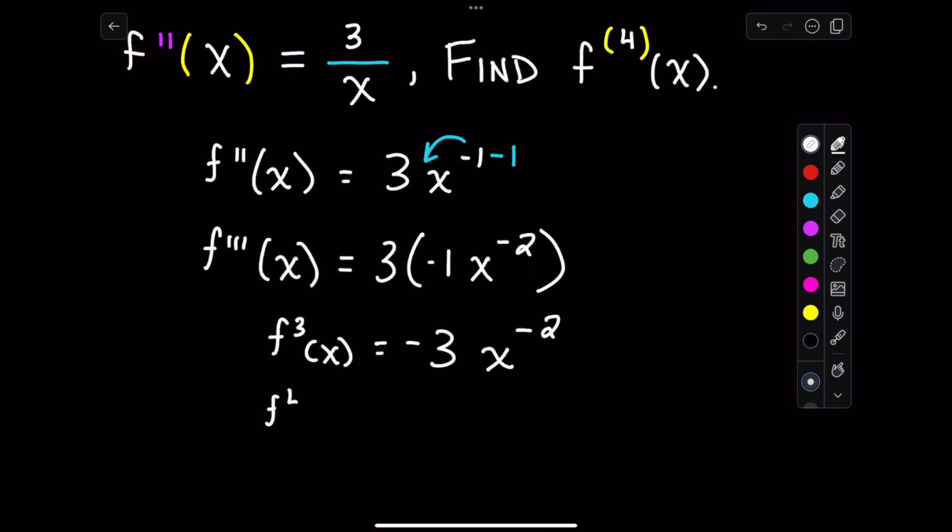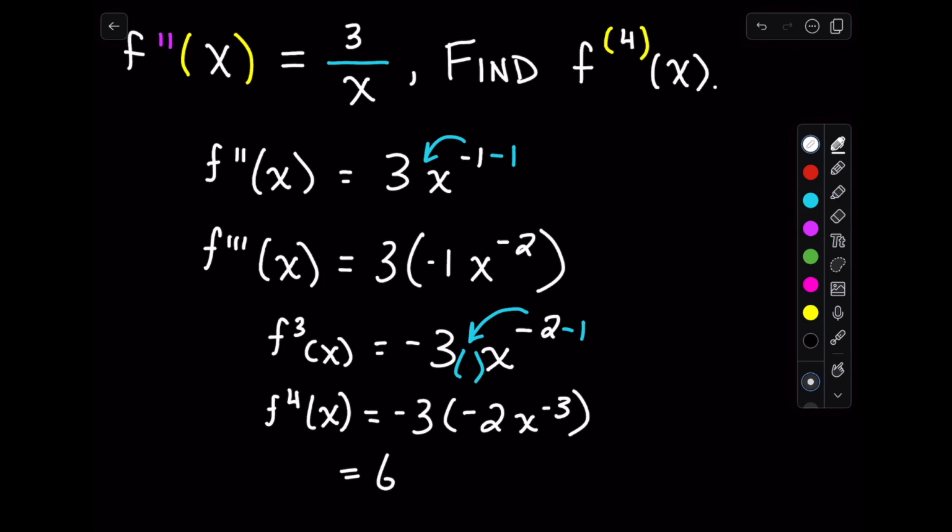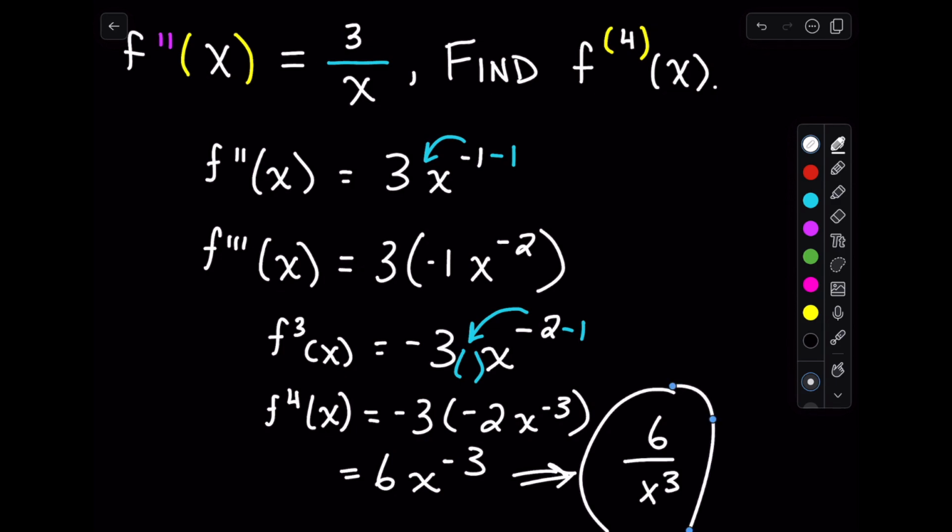Now to get the fourth derivative of this, we move the negative 2 in front of the x and subtract 1 from the exponent once again, and we get negative 3 times negative 2 x to the power of negative 3, which simplifies down to 6x to the power of negative 3. And we could leave it like this, but I think it's better to convert this to 6/x cubed, because the negative exponent up in the numerator just means that we can move it to the denominator as a positive value.